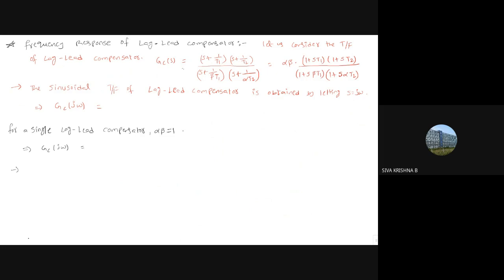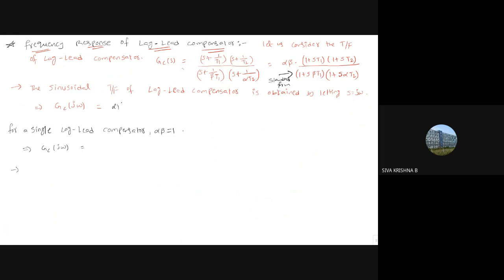Frequency response. That means you have to take S to JW. Frequency response of the lag lead compensator. So take the transfer function and convert it into the S1 plus S2 standard form. After that, S is replaced by JW.